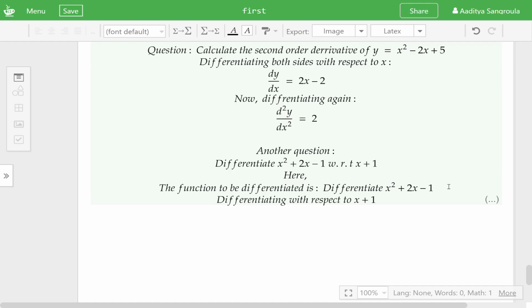Now we are going to be differentiating it with respect to x plus 1, right? So that's going to be d over d of x plus 1 of this.